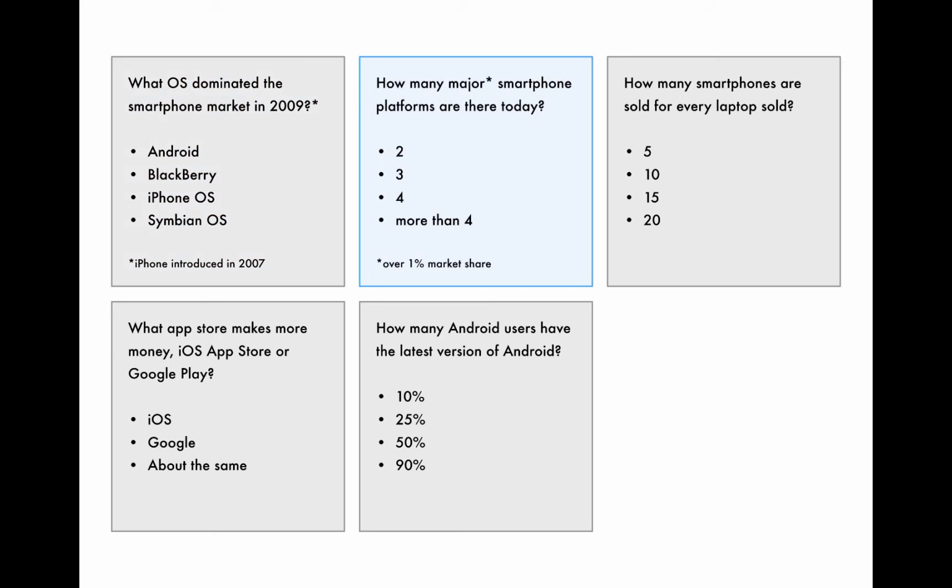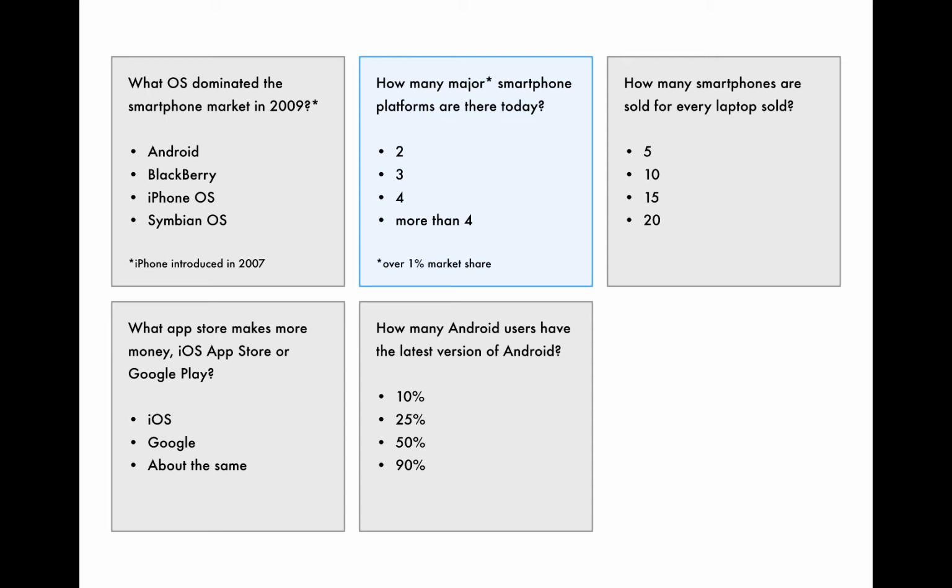How many major smartphone platforms are there today? And when I say major, I mean platforms that have at least 1% of the market. Now, you should all know of 2 platforms that have a significant market share, namely Apple's iOS and Google's Android.